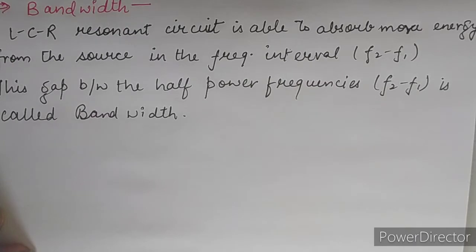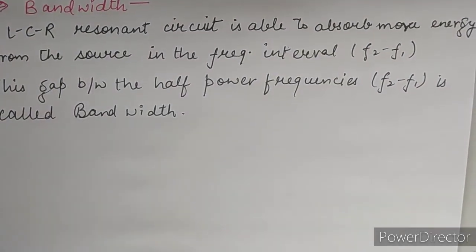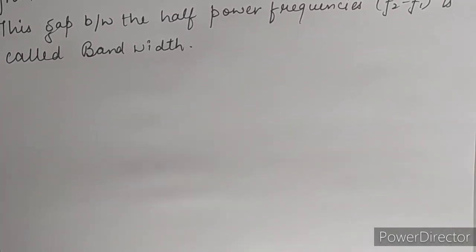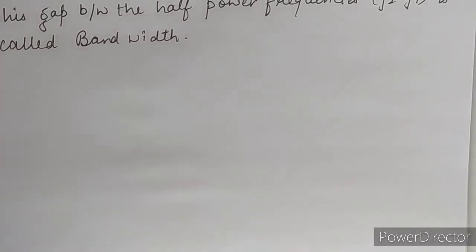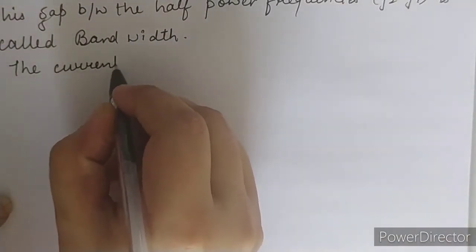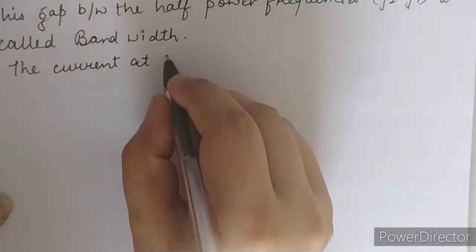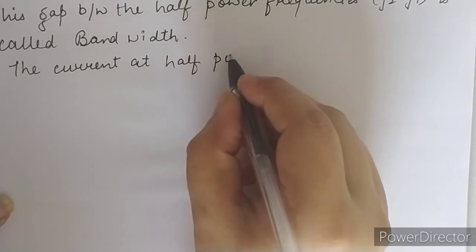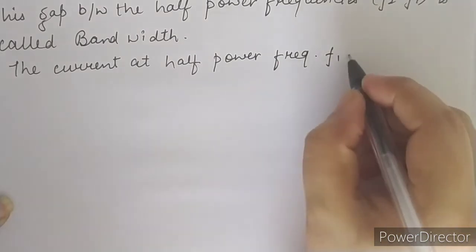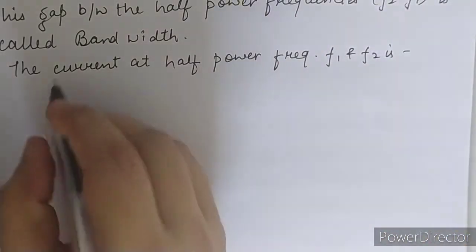Now afterwards we are going to derive one formula for this, which is necessary. The half power point does not have any derivation, but for the bandwidth we have a derivation. The current at half power frequencies f1 and f2 is, what is the value of current?